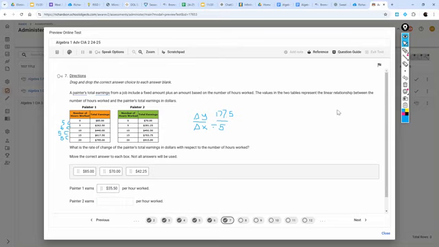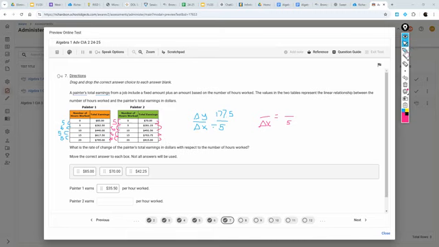Now we're going to do painter 2. I'm going to do painter 2 in pink. Same thing: I see that it's going up 5 each time. See, 5, 5, 5, and 5. So my change in x is going to be 5. Now I have to do my change in y here. It's probably going to be the same.